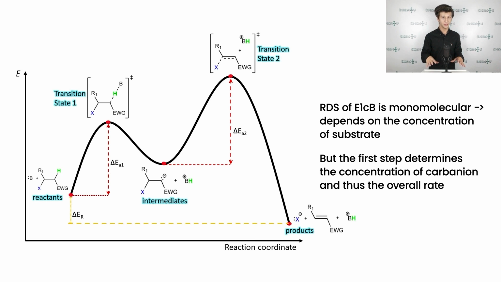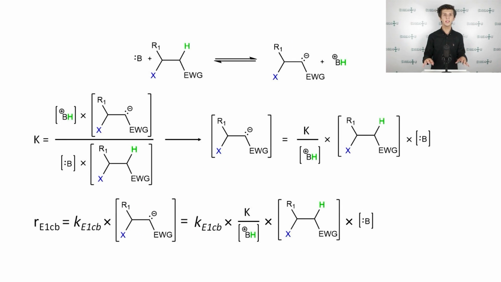To be more specific, the concentration of base is directly proportional to the concentration of carbanion, which is involved in the rate determining step. On the slide you can see the derivation of the kinetic equation for the E1CB mechanism. Let us evaluate it together. First, notice that proton abstraction is reversible, which means we are dealing with equilibrium.